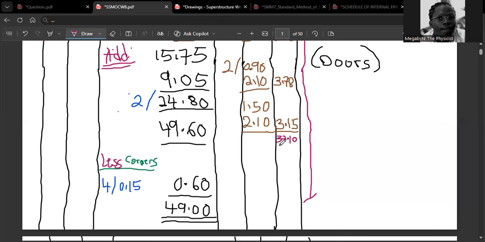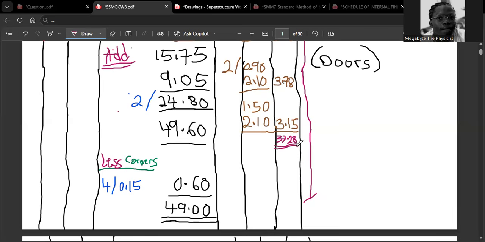So that is what you are seeing over there, 37.1. So we are going to get 37.28 rather. So it should be 37.28. You see 37.28.